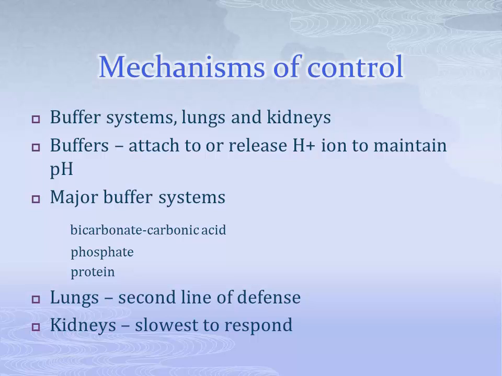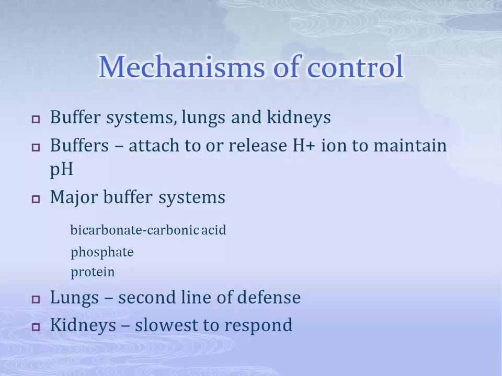If for some reason we don't have enough metabolic acids, we're not breaking anything down, which is really hard to imagine, but if we have too few metabolic acids, then initially carbonic acid will break down within the body, not in the pulmonary system, but just within the body, to release its hydrogen, to try to maintain that balance.